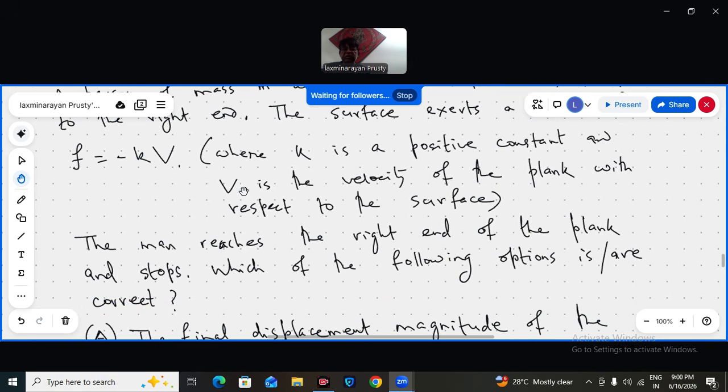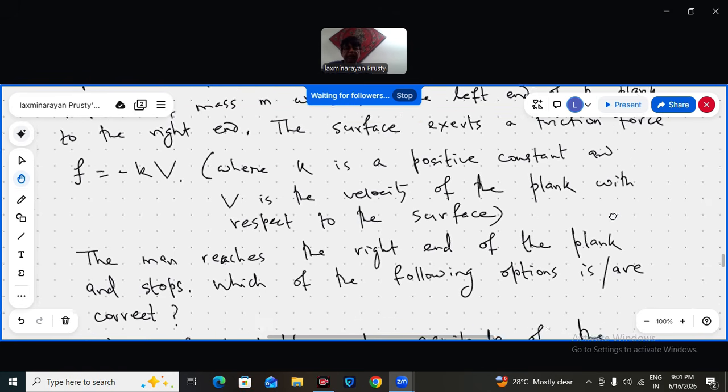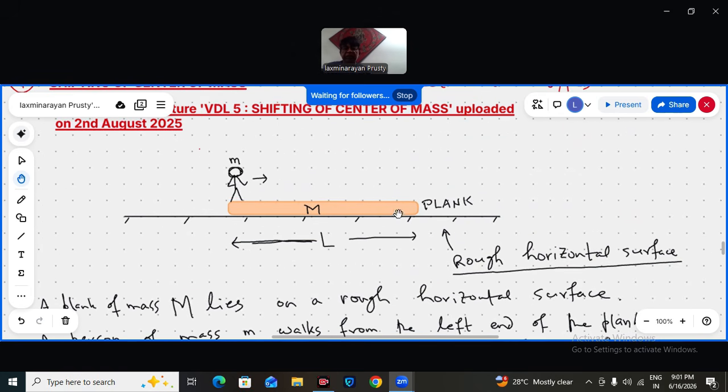And V is what? The velocity of the plank with respect to surface. Remember this. Don't say velocity of the plank with respect to anything. It is the velocity of the plank with respect to surface, ground. The man reaches the right end of the plank. There is friction force between man's feet and the plank, otherwise he cannot walk.